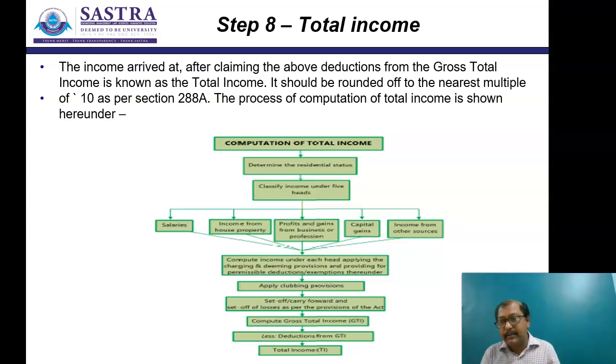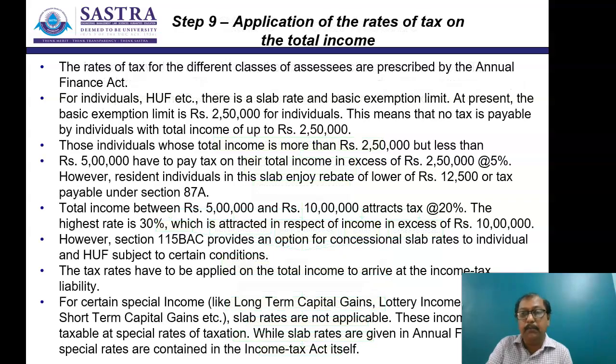So comprehensively, this particular diagram will give you the steps involved in arriving at the total income. Whatever steps I was telling you till now are given pictorially, and you are going to arrive at the total income.